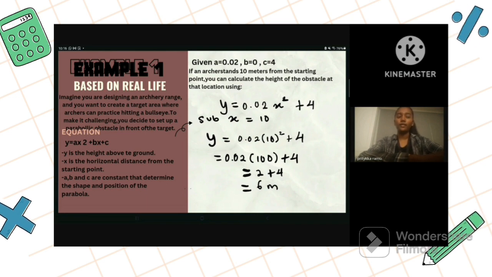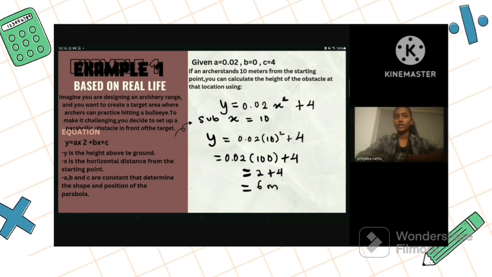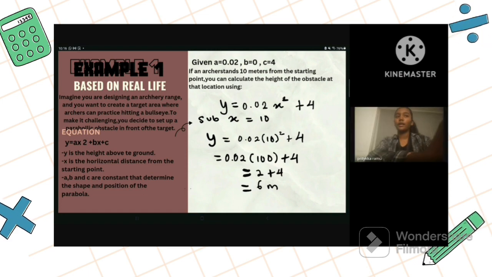A, B, and C are constants that determine the shape and position of the parabola. Given A equals 0.02, B equals 0, and C equals 4. If an archer stands 10 meters from the starting point, you can calculate the height of the obstacle at that location by substituting the given values into the equation. So you'll get the answer of 6 meters.